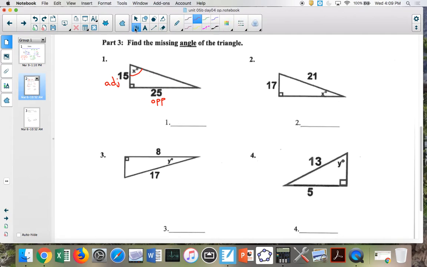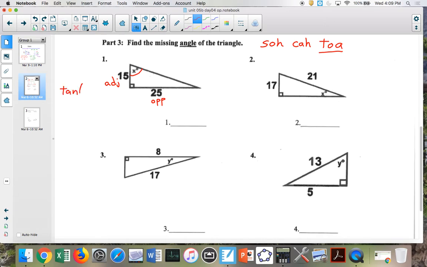So for this angle X, I have the opposite and the adjacent. So once again, if you remember SOHCAHTOA, which one, the sine, the cosine, or the tangent, uses the opposite and the adjacent? Well, that would be the tangent. So I'm going to write an equation.